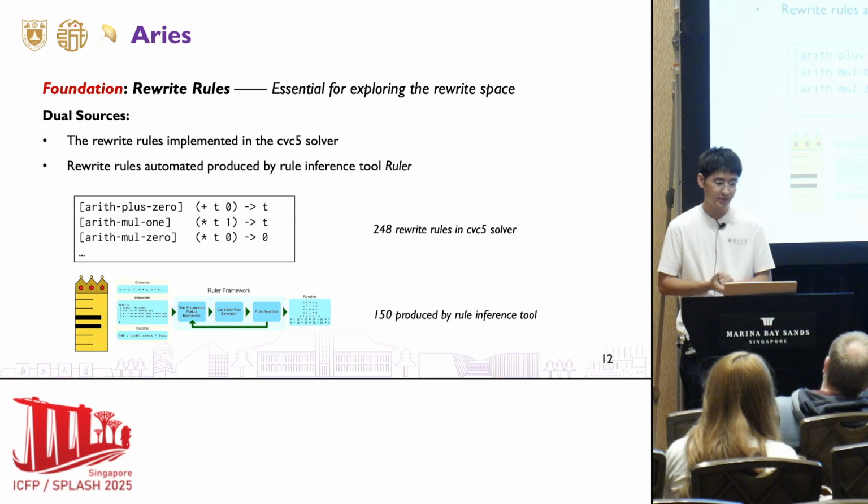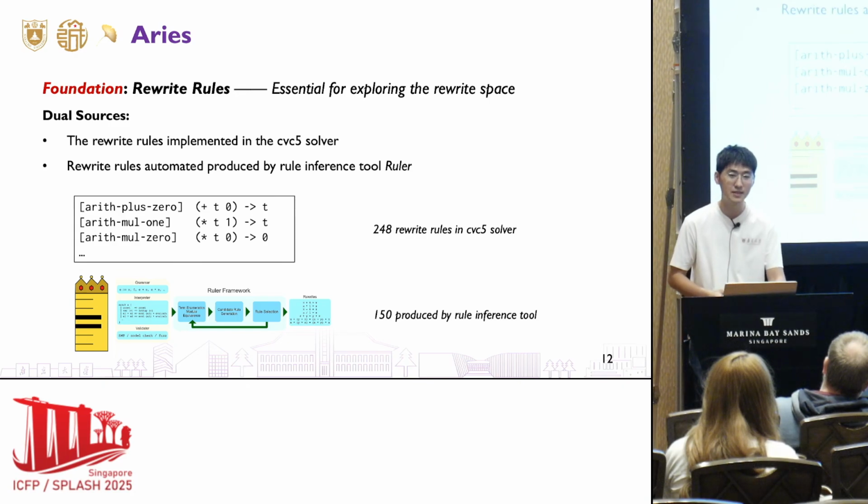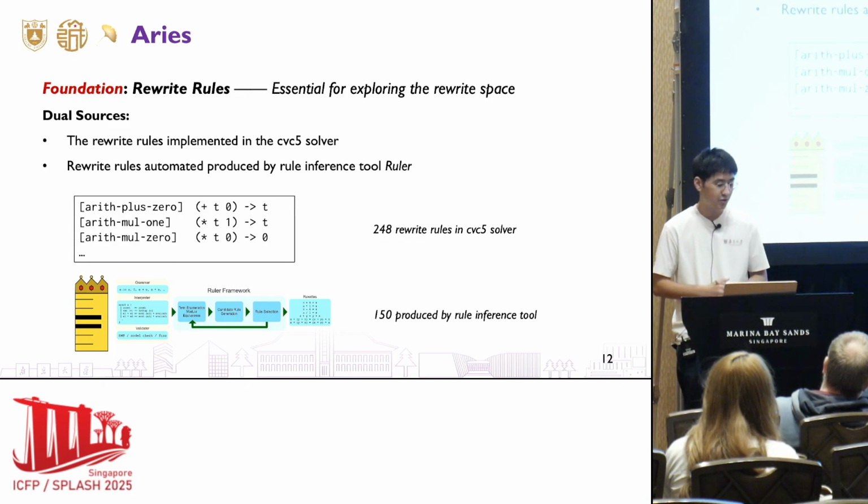And second, synthesized rules generated by Ruler, which infers new rules from existing ones. The second source is particularly interesting because these rules may reveal new rewriting opportunities that solver developers may not have implemented yet.